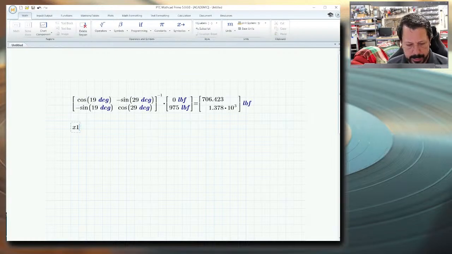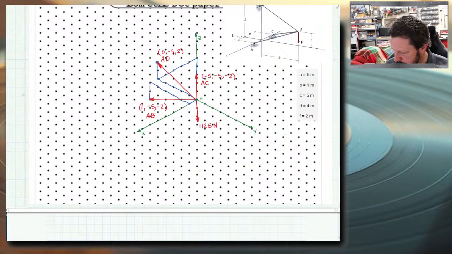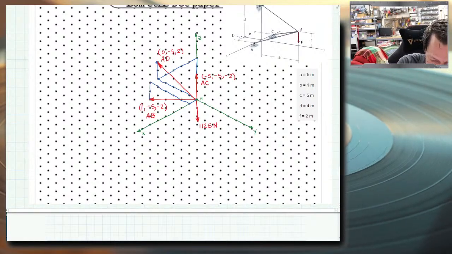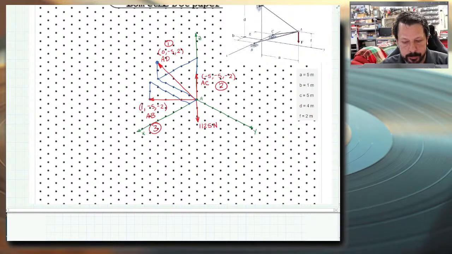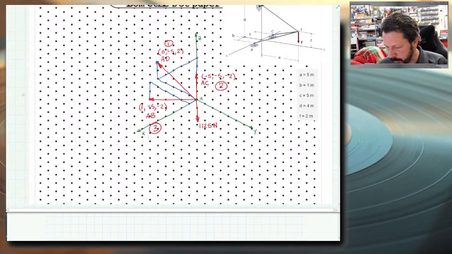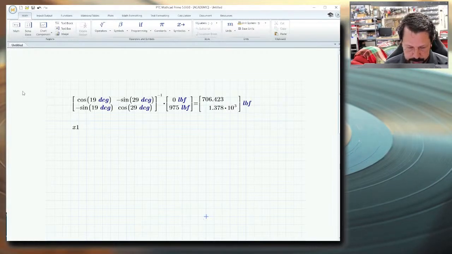And we're going to number these so that we know which one is 1 and 2 and 3. AD will be 1, AC will be 2, and AB will be 3. So x1 refers to this 0 right there. So x1 equals 0.